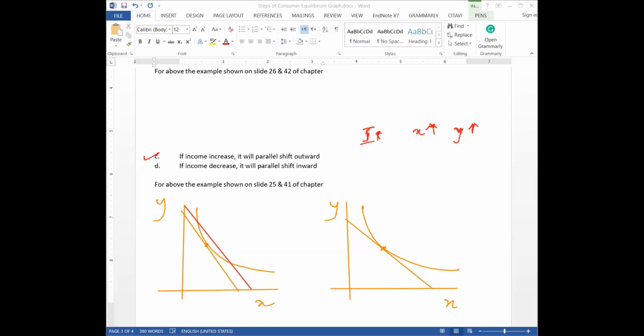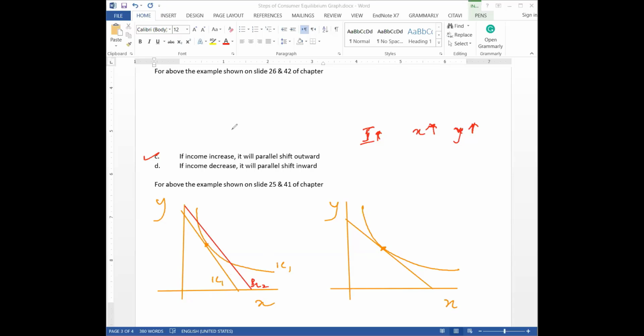One question that came up here is that the new budget line is touching the old indifference curve twice. Okay, let me label it first. So this is BL2 and this is IC1, IC1. So definitely if the new budget line is touching the indifference curve twice, it means there's a chance for the customer to climb onto a new indifference curve.